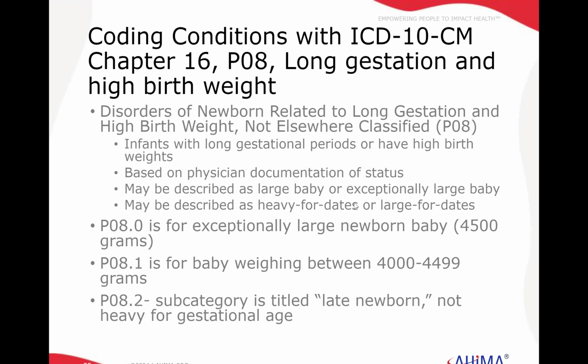So we have P08.0 for exceptionally large newborn babies, in other words, a baby that's born greater than 4,500 grams. P08.1 is for a baby weighing in at 4,499, excuse me. And then we have the subcategory for the late newborn, not heavy.